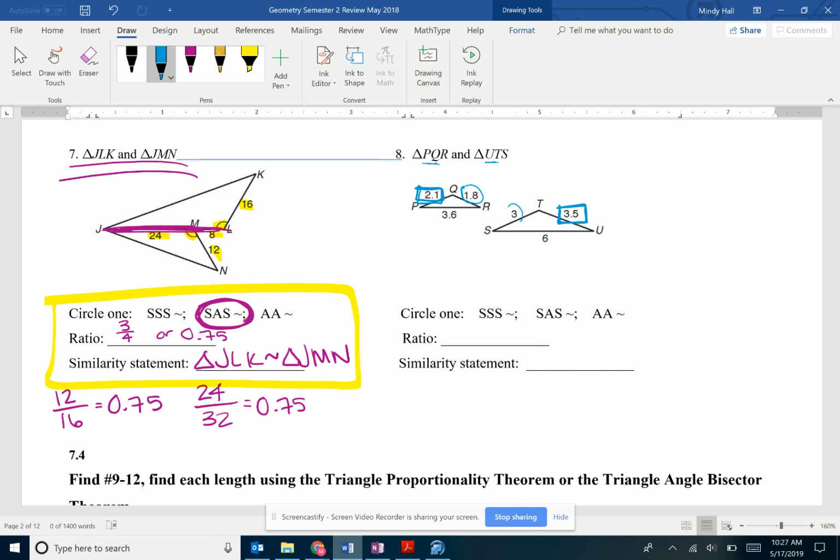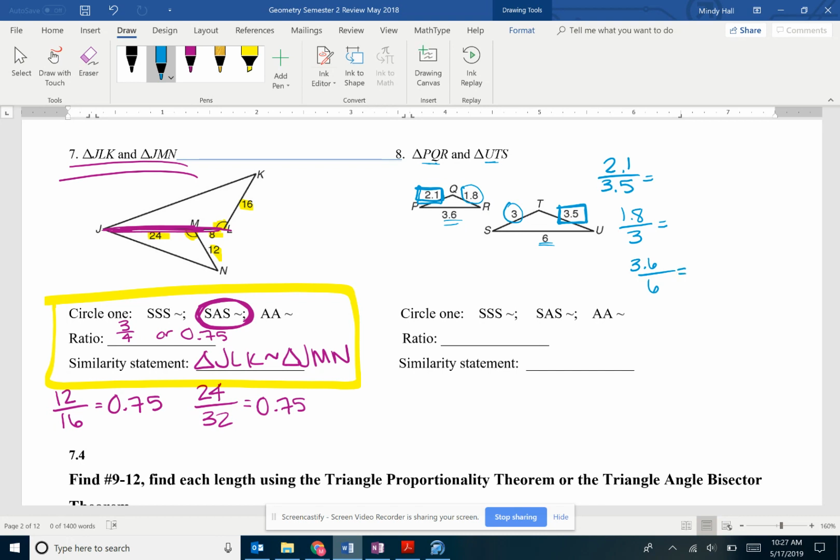That's going to correspond to TS, and then 3.6 and 6 correspond. So if this works, it's going to be SSS, but we're going to double check real quick. We have 2.1 divided by 3.5. We will also have 1.8 divided by 3 because these are the corresponding sides. Remember, the little shapes help me kind of find it. And then 3.6 divided by 6.